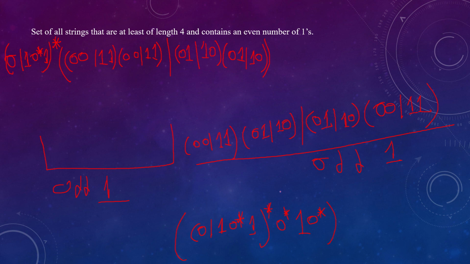So what we have to do is add this at first, at the beginning. So 0 or 1 0 line closure 1 line closure, then 0 line closure 1 0 line closure, right?